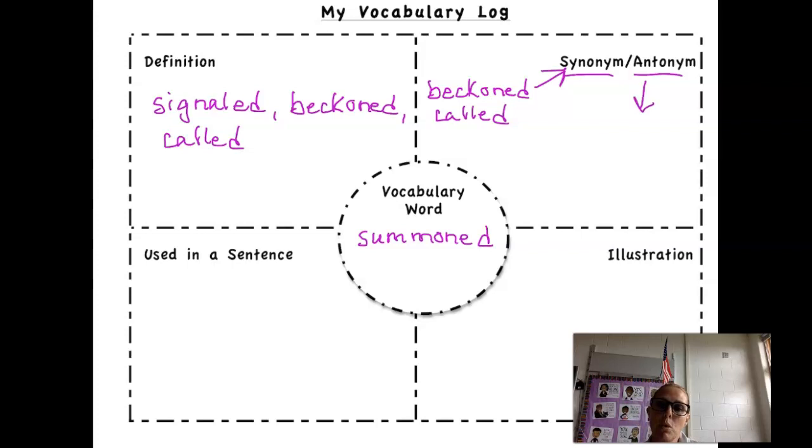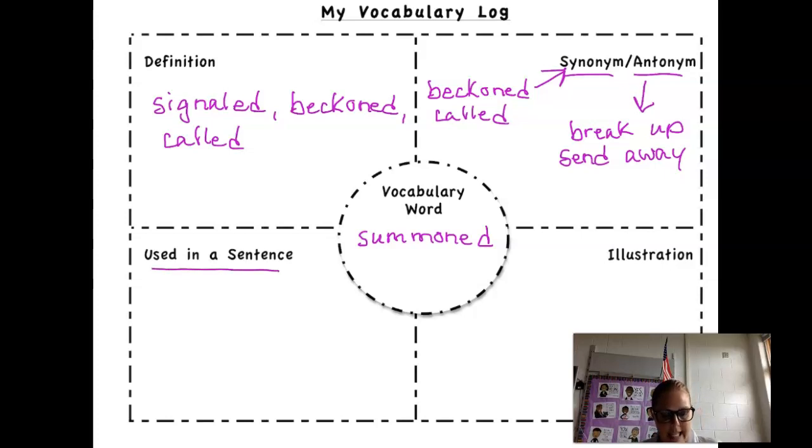An antonym is a word that means the opposite. But if summoned means that we're bringing somebody closer or bringing someone to do something and calling on them, an antonym, a phrase, might be to break something up or to send away. So there's not necessarily one word that I would use for an antonym.